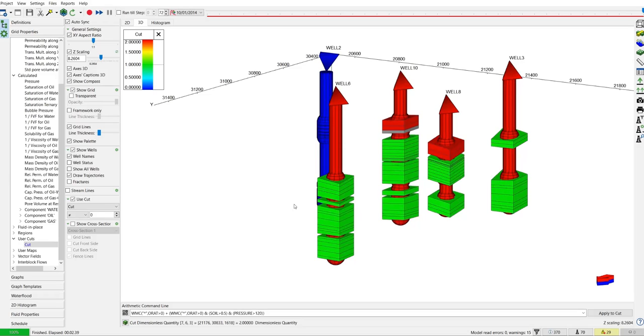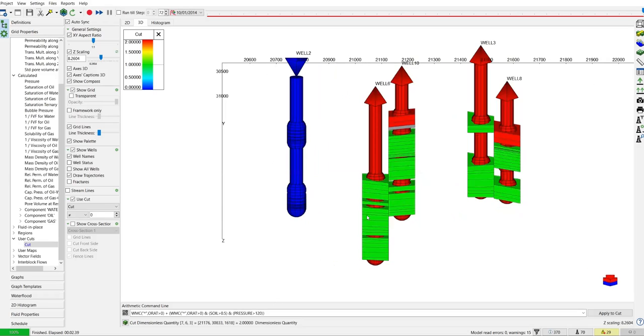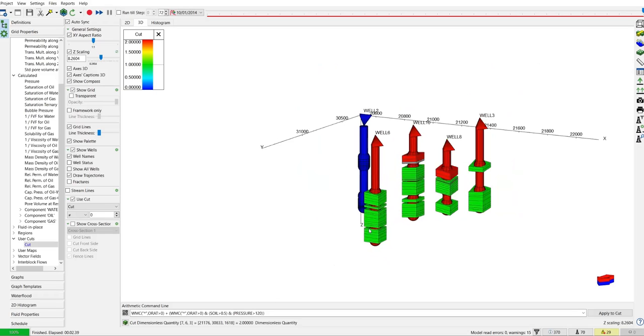So that's the usefulness of this command line. Particularly if we handle a big model, you will appreciate more the usefulness of this command.